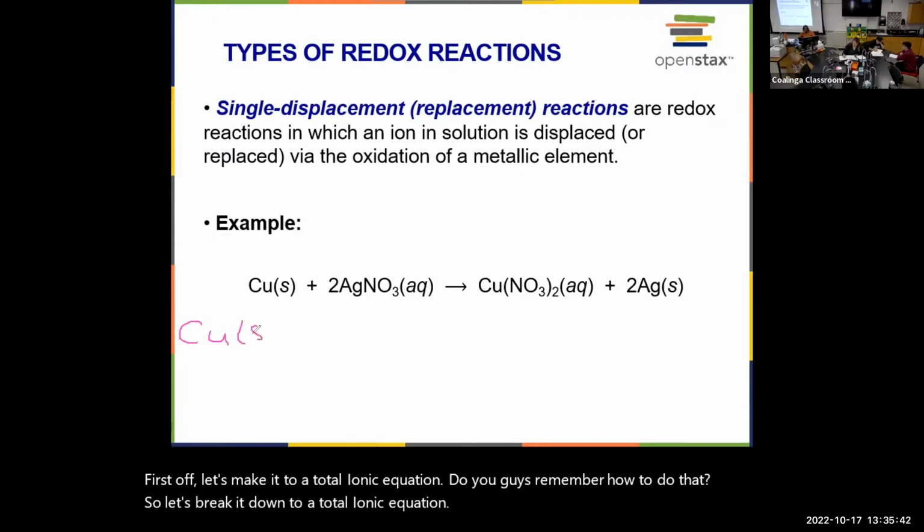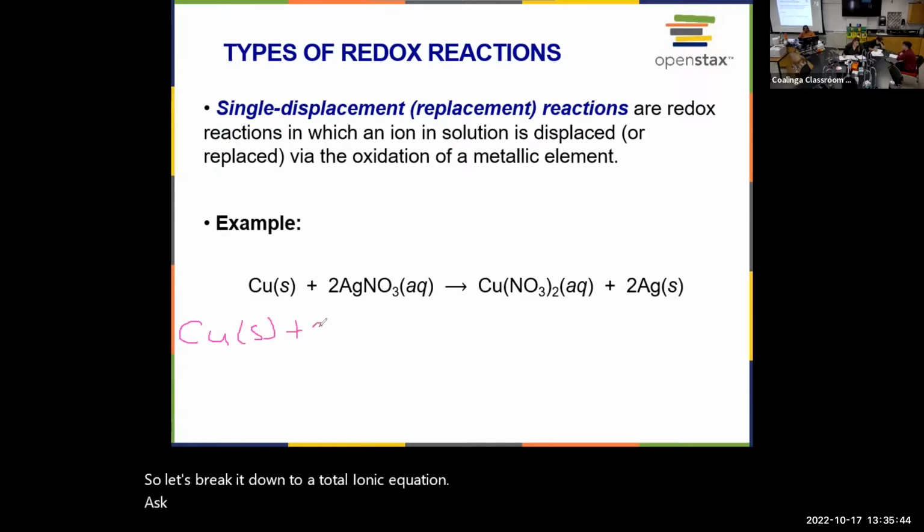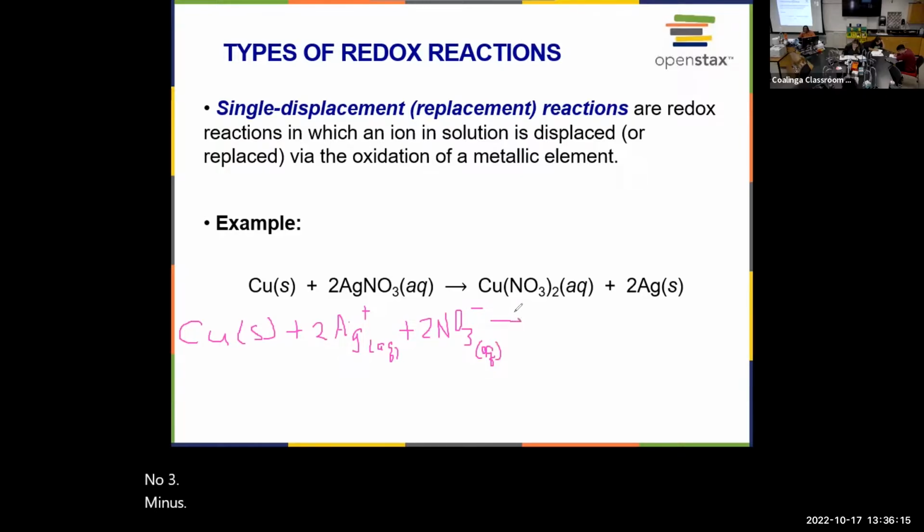CuS plus 2 Ag plus 2 NO3 minus yields Cu.